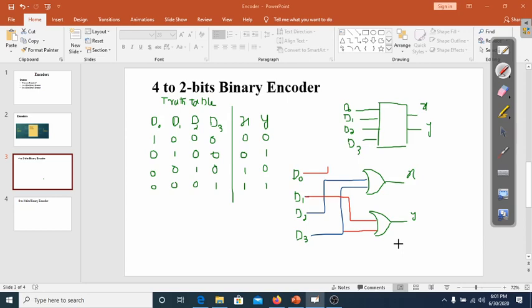So finally when D3 is active high, in that case this is the input of x and input of y, so I will get x is equal to 1 and y is equal to 1. Similarly, we can construct an 8 to 3 bit binary decoder. Okay, now let us talk about the 8 to 3 bit binary encoder.